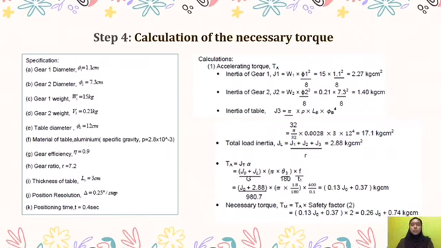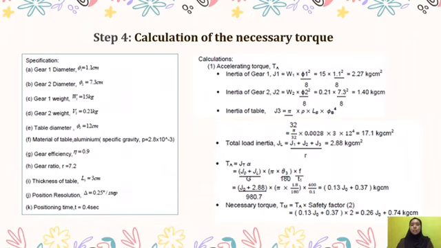For calculation, first acceleration torque TA. Inertia of gear 1, J1 equal to W1 multiply D1 squared divided by 8 equal to 15 multiply 1.1 divided by 8 equal to 2.27 kilogram cm.